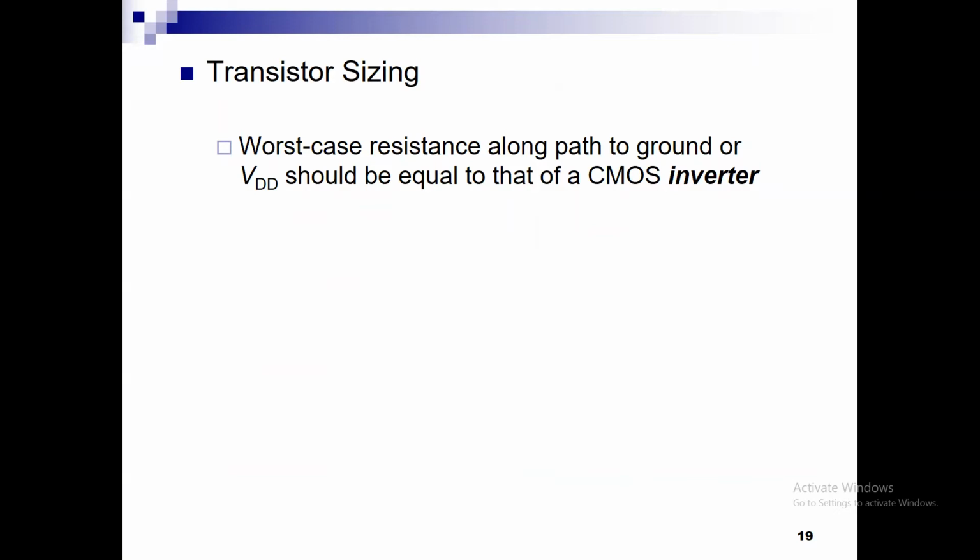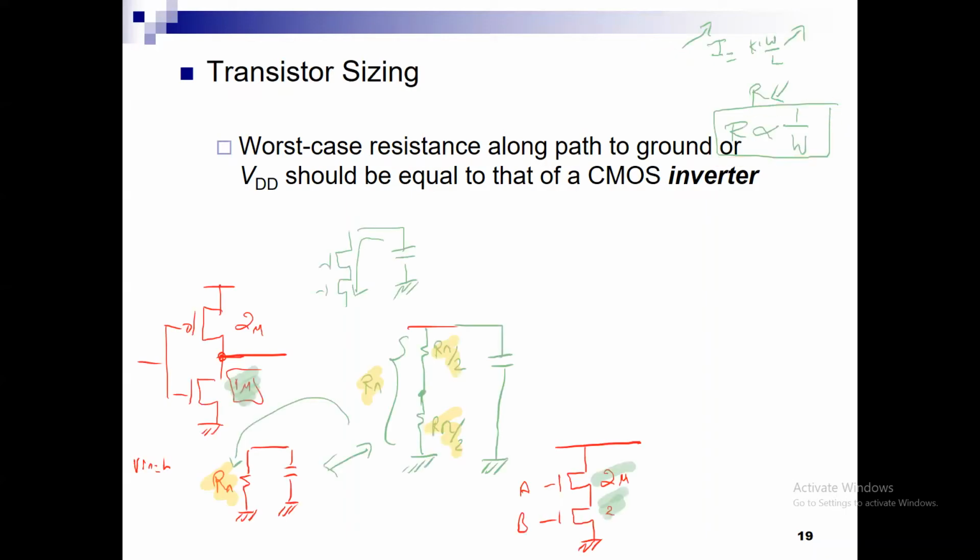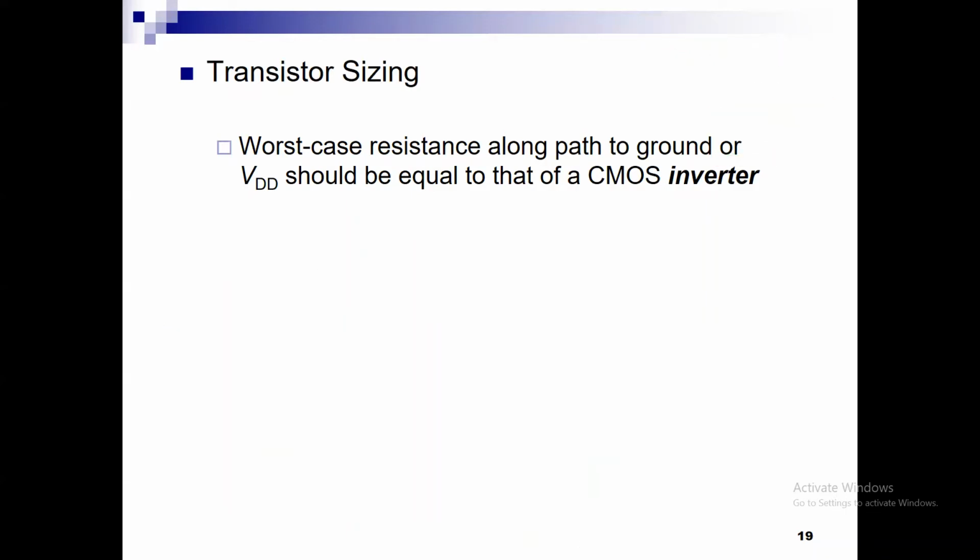So when we do transistor sizing, we try to look for the worst case resistance path. I may have a gate, let us say, that has for example CMOS in parallel, and let me just draw a function. I may have a gate where the pull-down network looks like this.